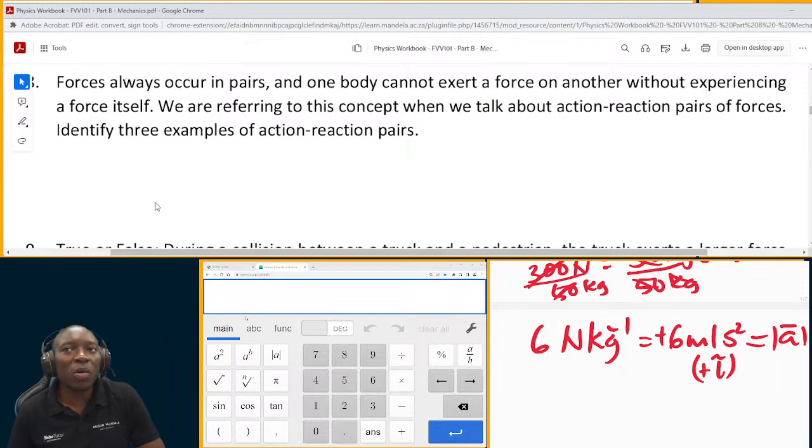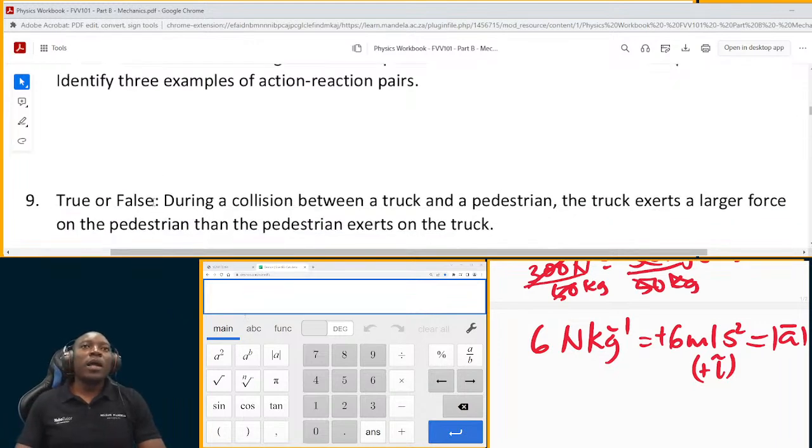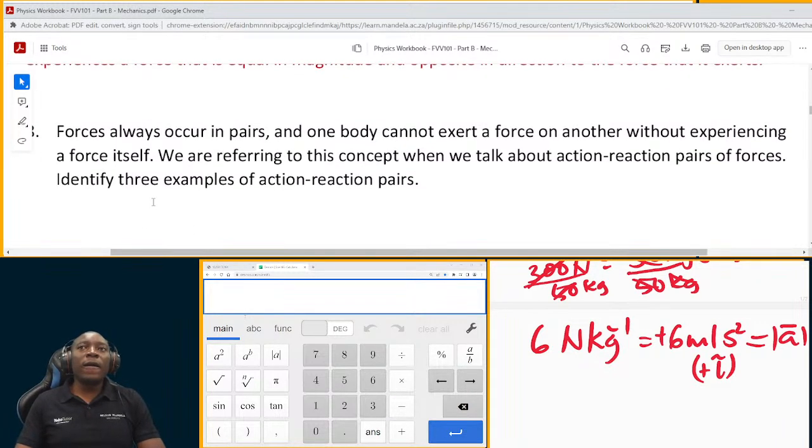If something collides or hits a wall, like when you hit a billiard ball, maybe when playing snooker or playing pool, you strike that ball with your stick.